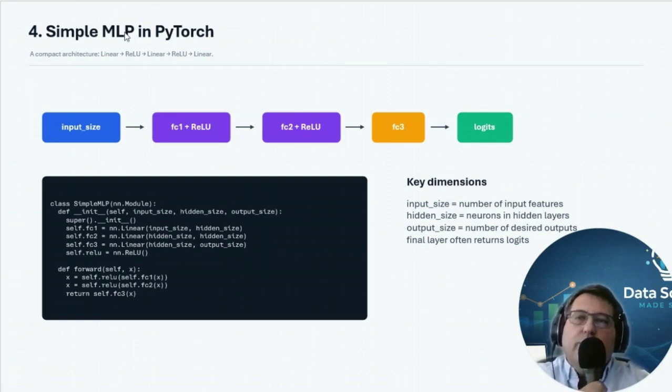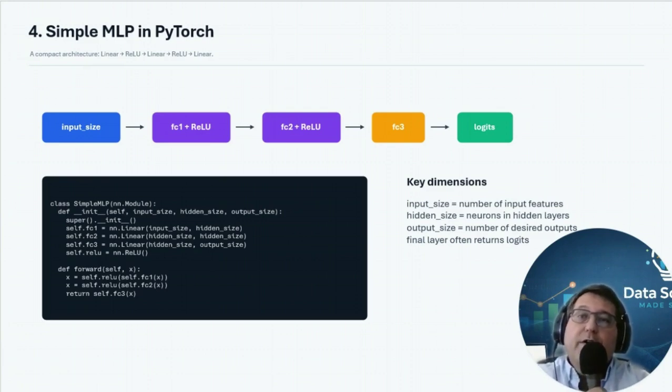Inside the constructor, we define three fully connected layers. The first one is fc1. It transforms the input size into the hidden size. The second one, fc2, takes the hidden representation and produces another hidden representation of the same size.